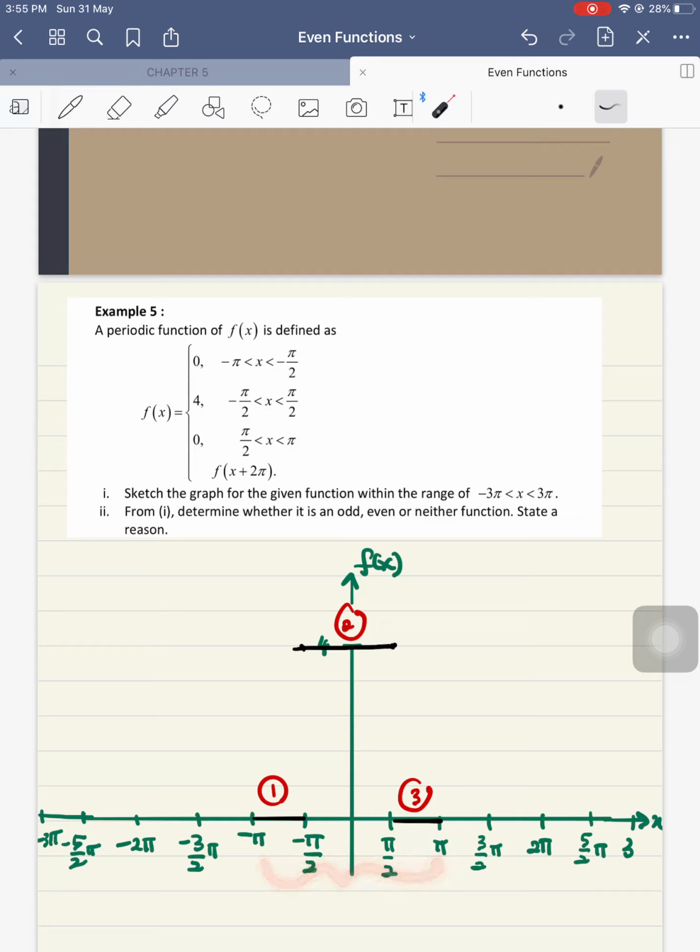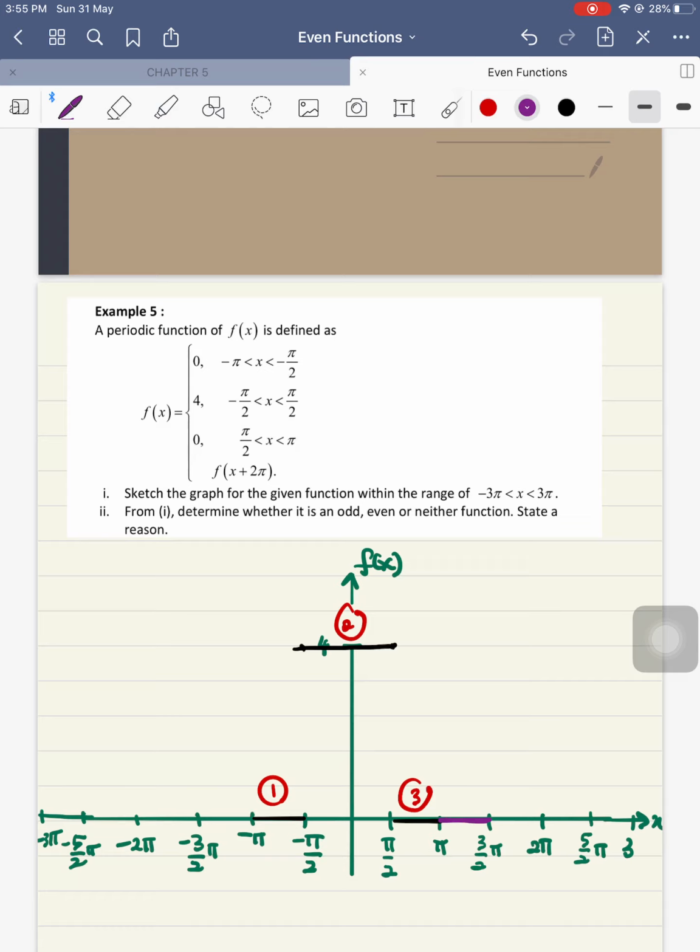As you can see, the last point for graph number 3 is here. So this one will be the first point for the new graph. Okay, so therefore you will have another straight line here.